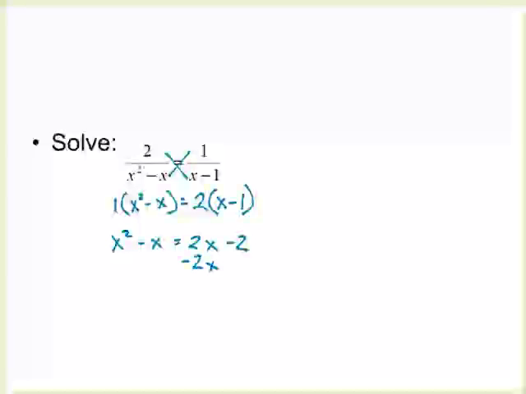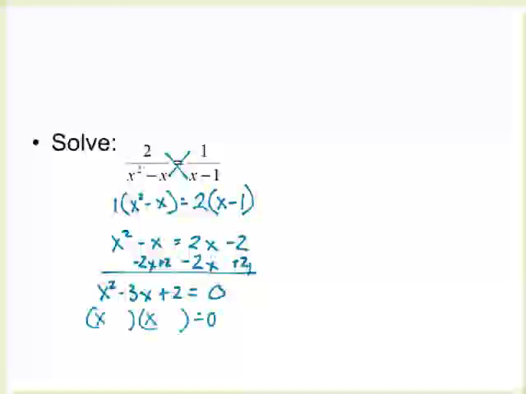So I'm going to get everything on one side, which gives me x squared minus 3x plus 2 equals 0. And what multiplies to make positive 2 that adds to make negative 3? Negative 1 and negative 2. So I get solutions then of 1 and 2.